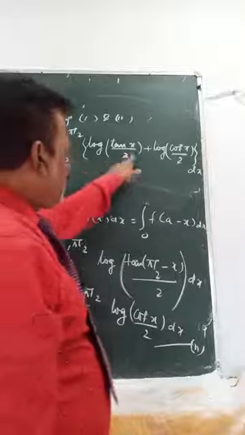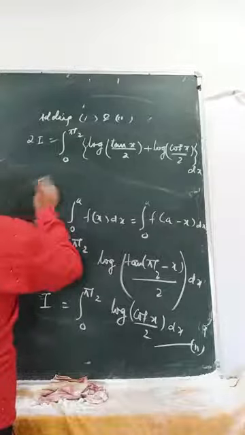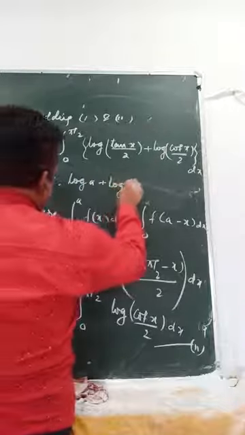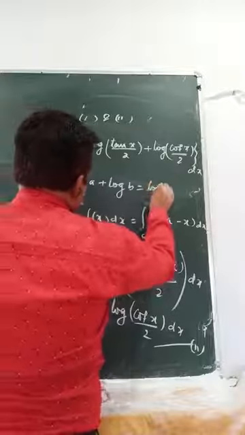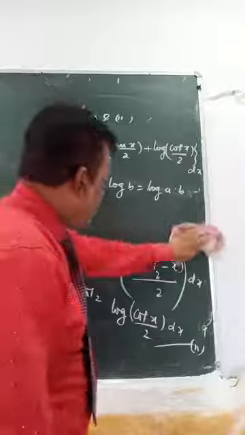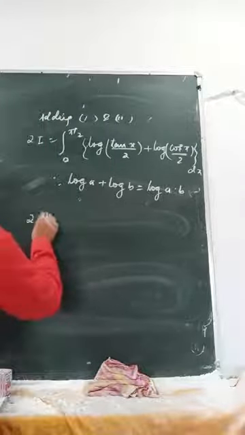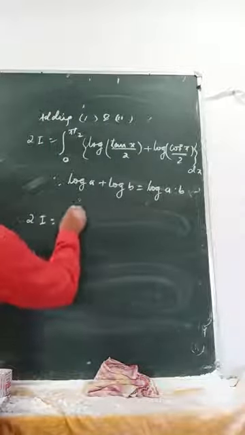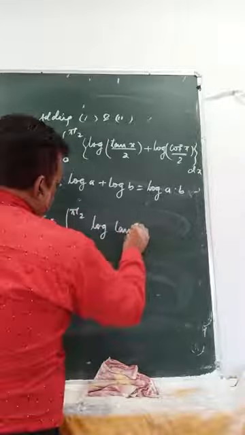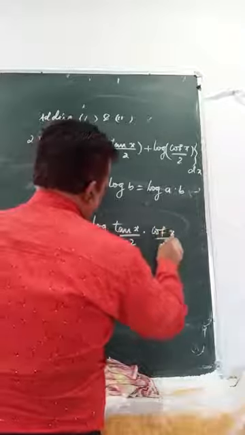So log a plus log b is log a into b. So 2I equals integral 0 to pi by 2 of log (tan x by 2 into cot x by 2).